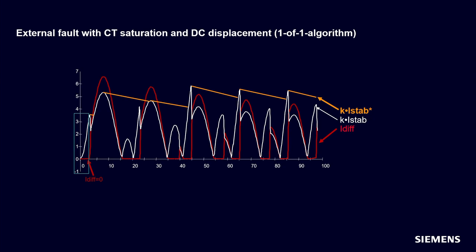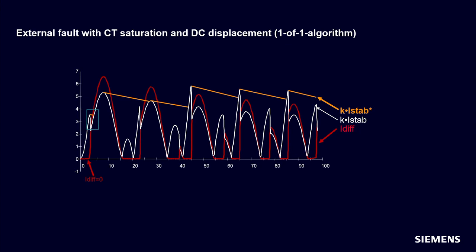So we will immediately block the 1 out of 1 algorithm and also the filter algorithm. So these are the very important first 3 milliseconds, the saturation free time after a fault.